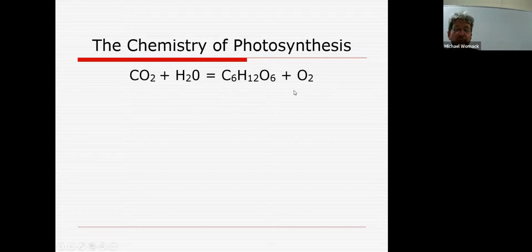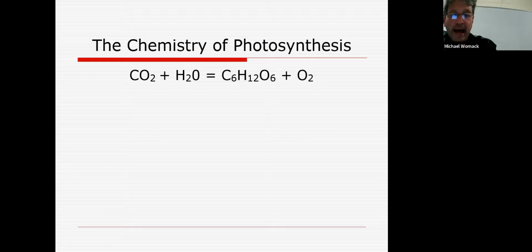If you remember something about chemistry, and some of y'all probably loved chemistry and some of y'all probably absolutely hated it, the one thing I remember that really stands out is Mrs. Snyder, Betty Snyder used to tell us in high school, you got to have a balanced equation, remember? So that means you have to have the same number of carbons on one side as you do on the other.